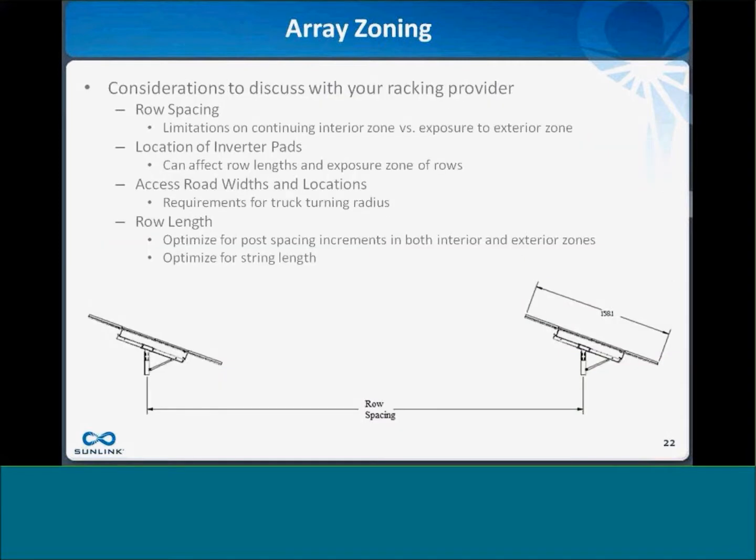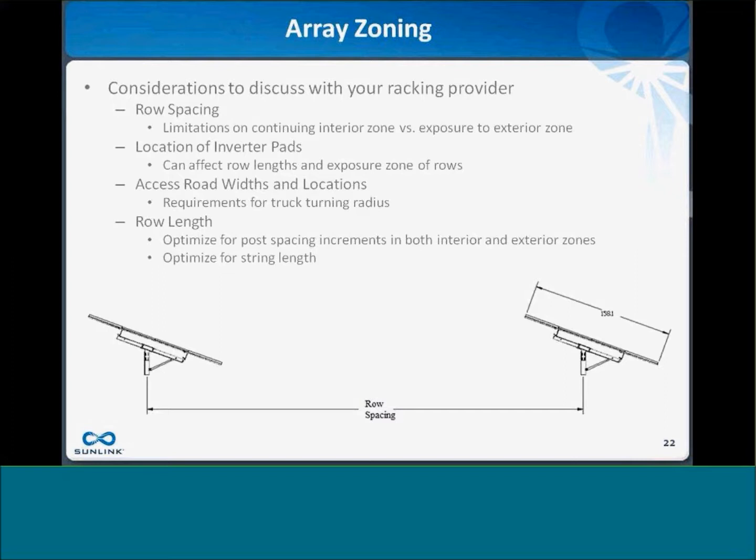And there's a couple considerations that should be discussed along these zoning and layout guidelines. One is row spacing. By looking at what the actual spacing is from row to row, especially when you're taking into account the location of your inverter pads and your road width, that spacing from array to array or from row to row can affect whether you can maintain interior zoning, by saying that the array is still shielded from row to row, or if you have to move to an exterior row because your spacing between rows is too great.